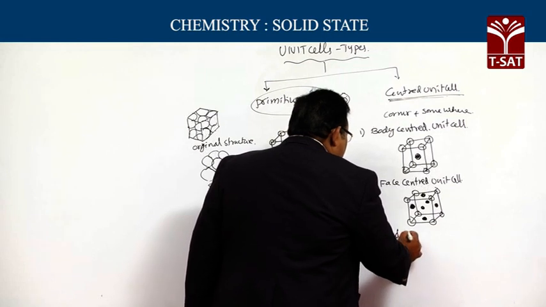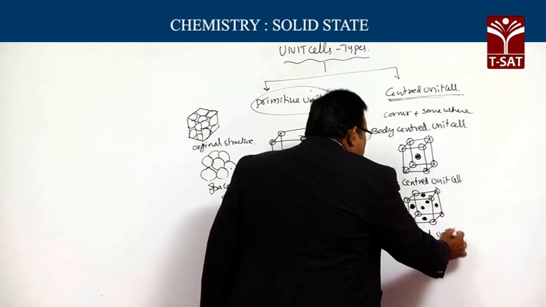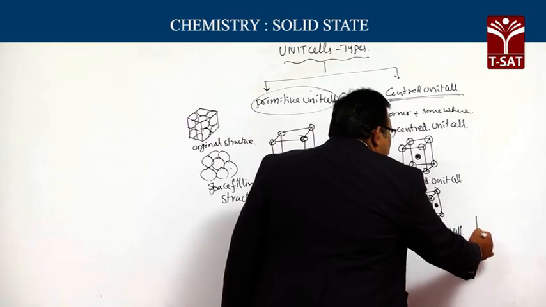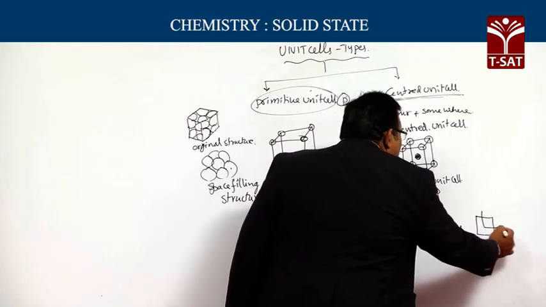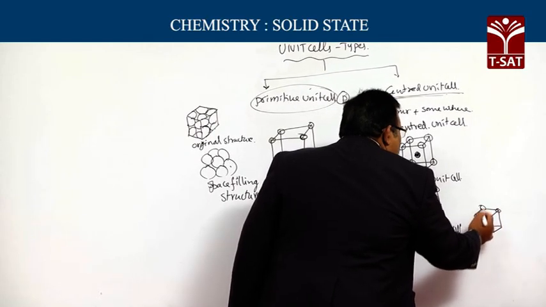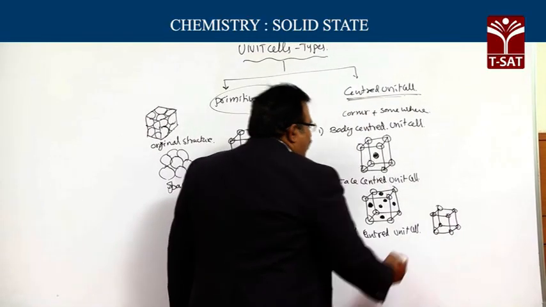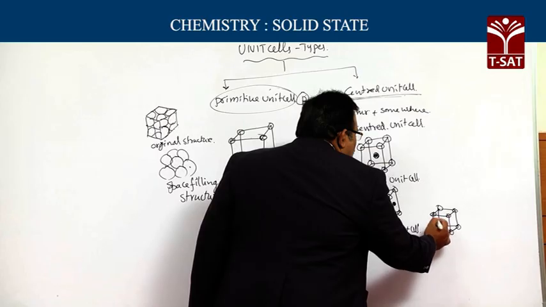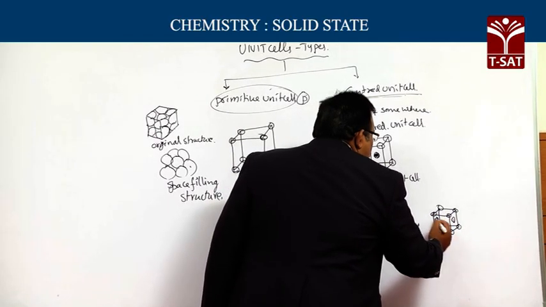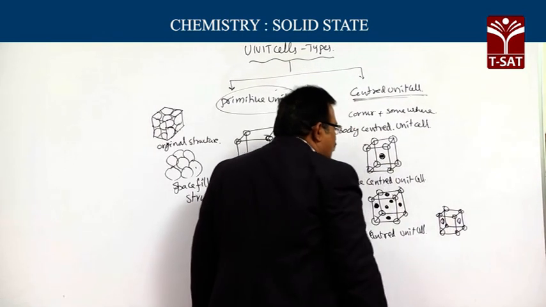End centered unit cell. In the end centered unit cell, spheres are present at corners and also on opposite side faces. These two faces are opposite to each other. These two faces are opposite to each other.